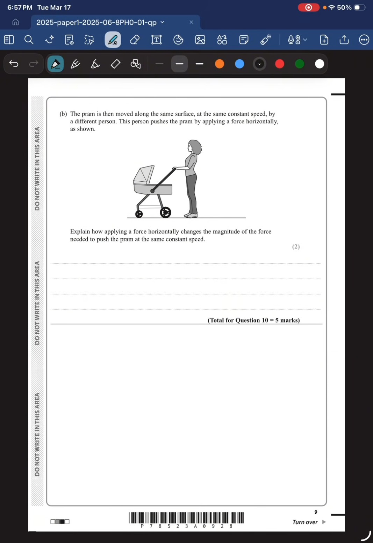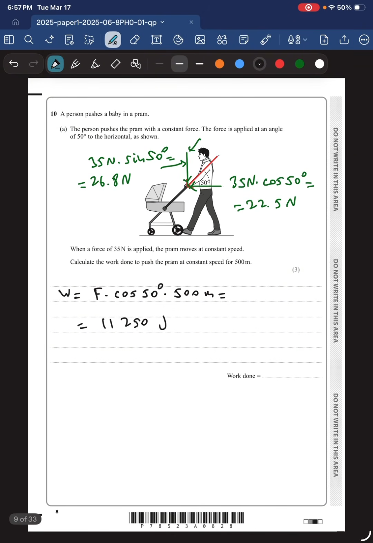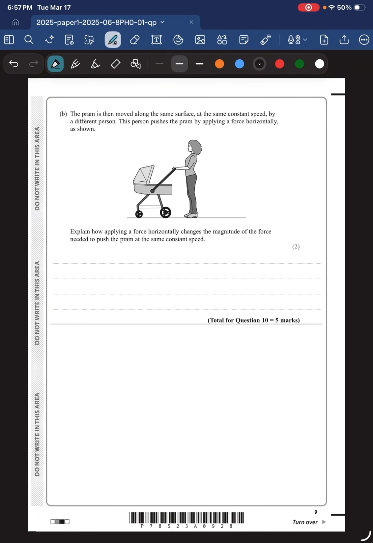B. The pram is then moved along the same surface at the same constant speed by a different person. This person pushes the pram by applying a force horizontally as shown. So she has her hands in this direction pretty much. Explain how applying a force horizontally changes the magnitude of the force needed to push the pram at the same constant speed.